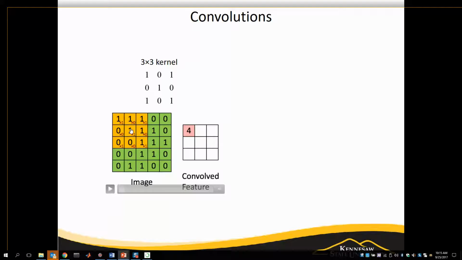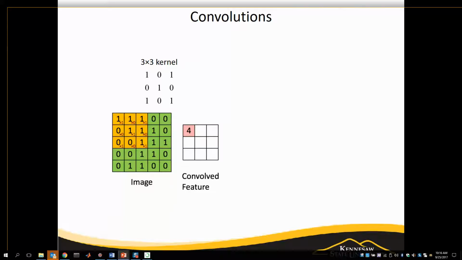Kernels always have odd by odd dimensions so that there's a center pixel. So the value 4 is the value of this convolution evaluated at the center of the kernel. If I have a 3 by 3 kernel, all of the pixels on the outside edge of the image don't get values. Sometimes that doesn't matter, and sometimes it does, depending on what you're doing.